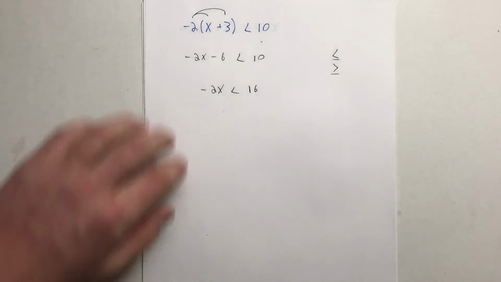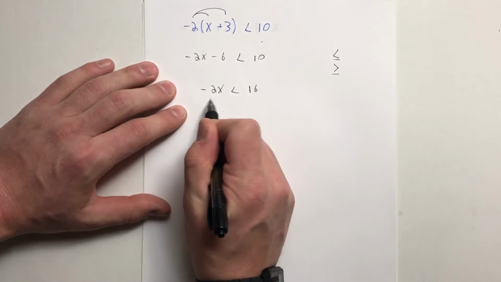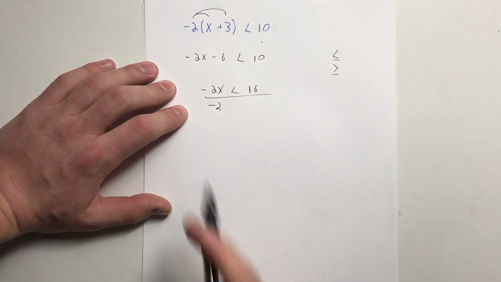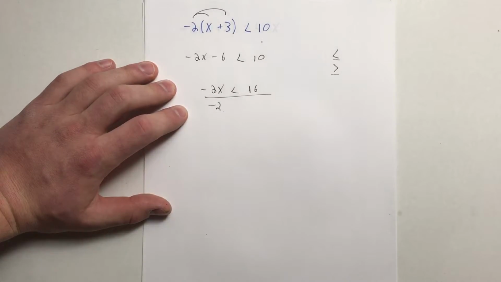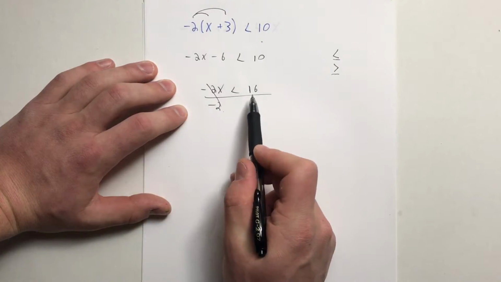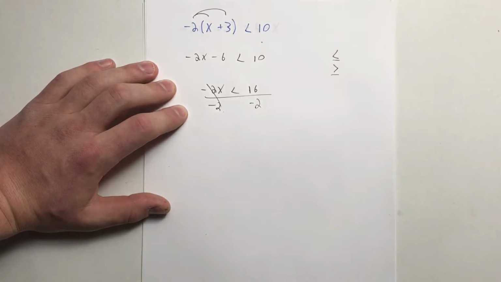And then last but not least, I want to isolate x. I want to solve for x. So I'm going to divide this entire equation by negative 2, right? So we get our negative 2s to cancel here, and then over on this side, we're just going to have 16 divided by negative 2.